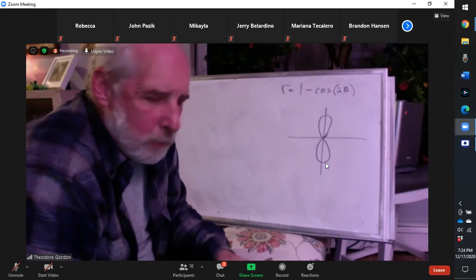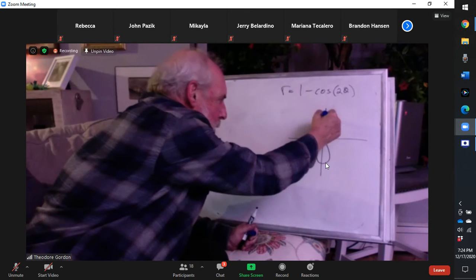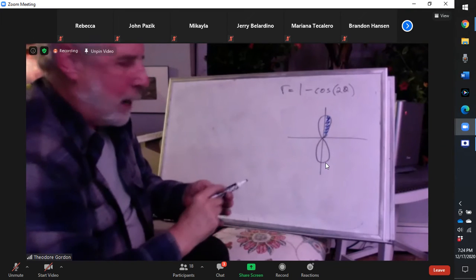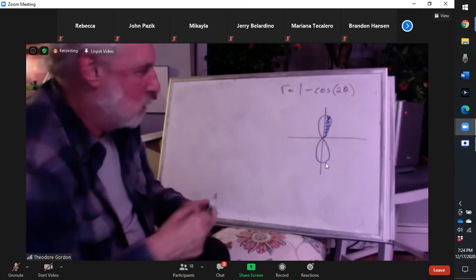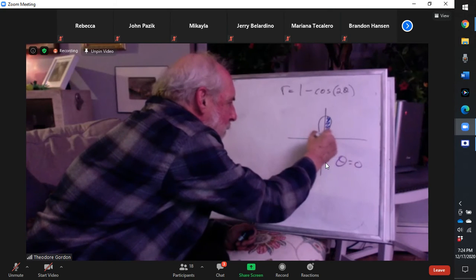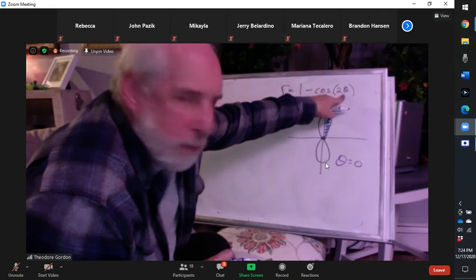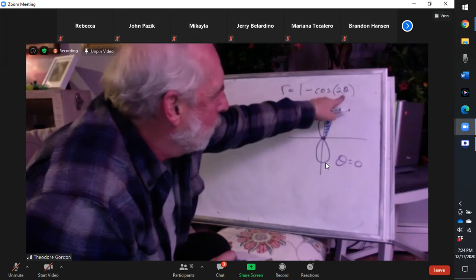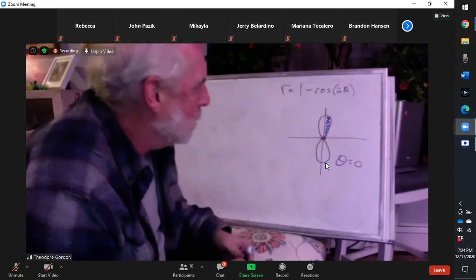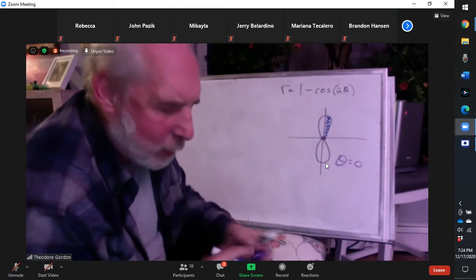So if we wanted to do this area, we're going to do this part right here. Now, if theta is equal to 0, that puts us right here. If theta is 0, 2 times 0 is 0. Cosine of 0 is 1, and 1 minus 1 is 0. So that puts us right here. And now I want to be up here. So now I'll let you think about this one for a minute.